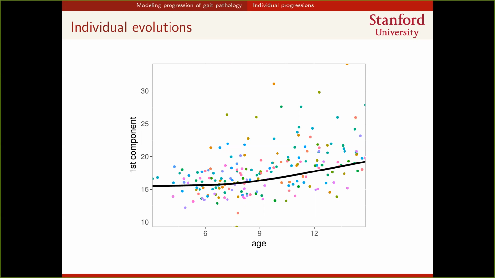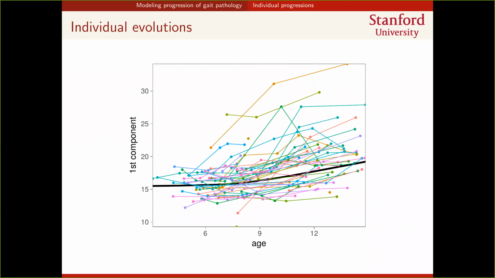But we have actually patients coming to the clinic multiple times. So now, if we have the orange patient here on the top, maybe after 2 visits, we will be able to predict that the patient will still have a high first principal component after the 2nd visit, and maybe we should do something about that, while other patients come back to normal. So we are trying to leverage this information.